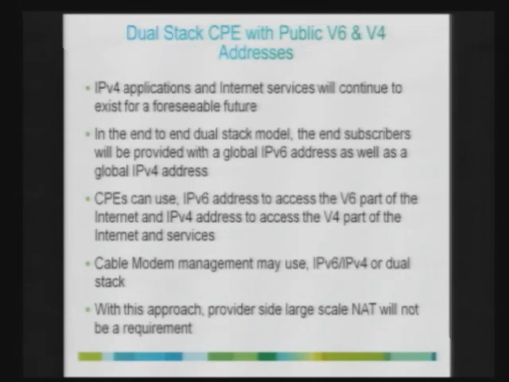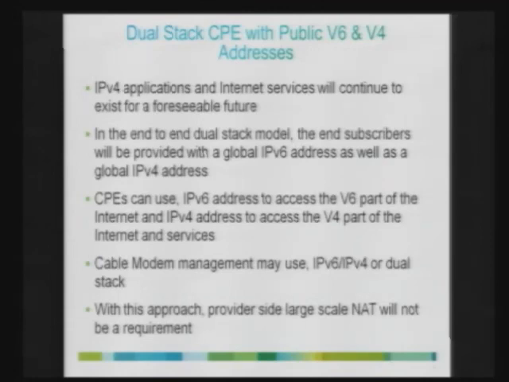The next step would be, for the cable modem management, turn on dual stack. And for the CPE address assignment also, support dual stack for the CPEs. Provide a global IPv4 address and a global IPv6 address. In order to do that, the provider should have enough IPv4 addresses in hand to continue giving out the v4 addresses.